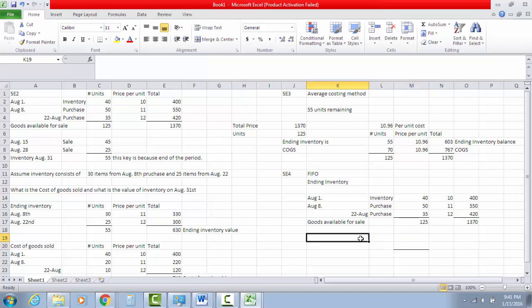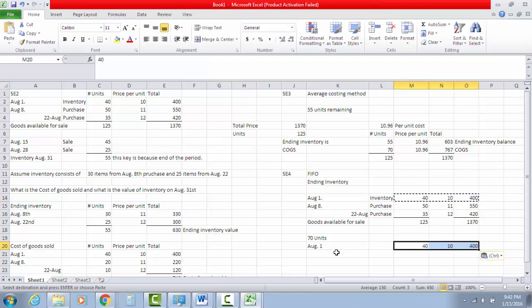We sold 70 units. So those 70 units are first in, first out. So here's what we do. We would sell our August 1st item, August 1, and we have 40 units at $10 at the cost of $400.